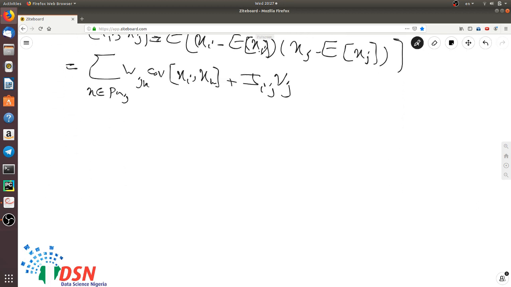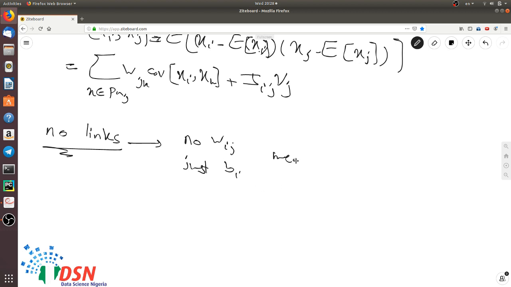Okay, let's consider an extreme example. Let's say our graph does not have any link. In this case, we don't have any wij, so we have just the bias.